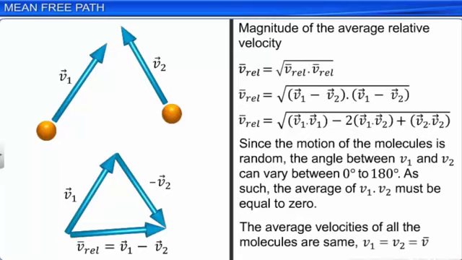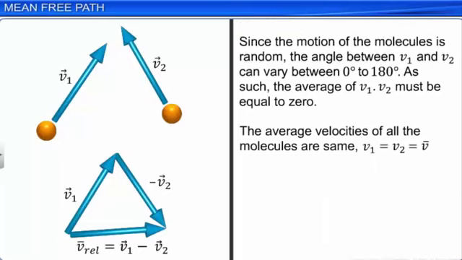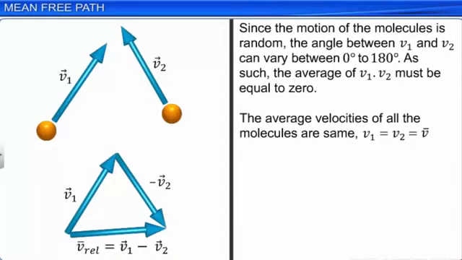By substituting the average velocity as v bar and neglecting the uncorrelated terms with respect to angle, we get the average relative velocity as square root 2 multiplied by average velocity, or square root 2 v bar.